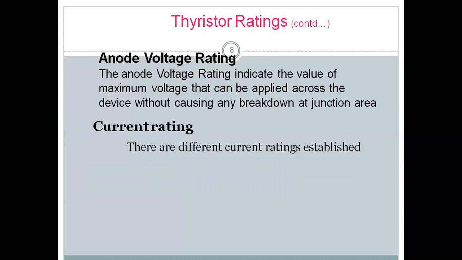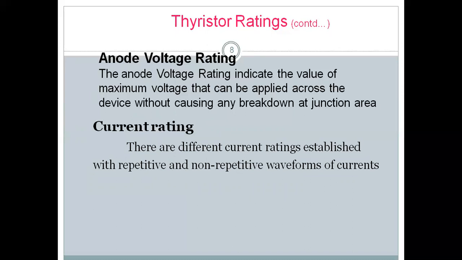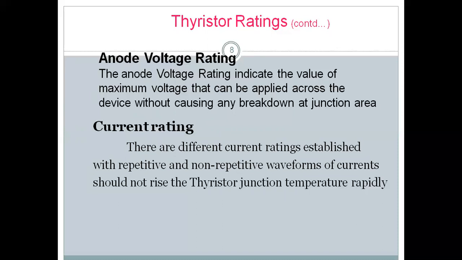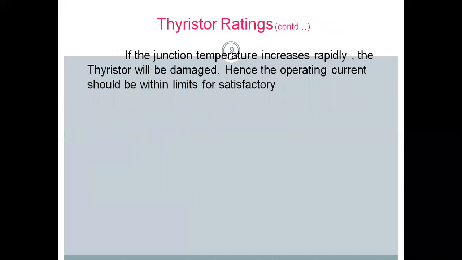Then coming to the current ratings. There are different current ratings established with repetitive and non-repetitive waveforms of current. Overloads should not raise the thyristor temperature rapidly, even for short overloads of current. If the junction temperature increases rapidly, the thyristor will be damaged. Hence, the operating current should be within satisfactory limits.